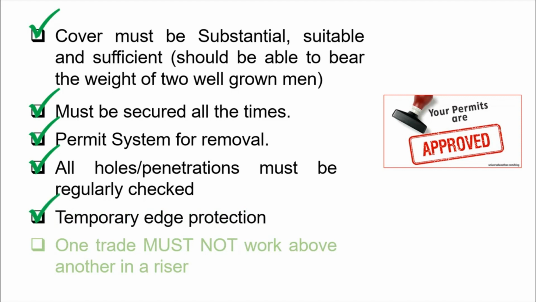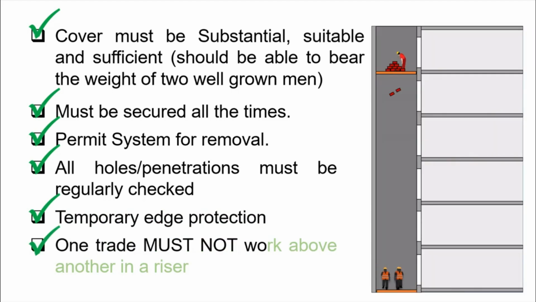Temporary edge protections must also be installed on the opening, and one trade must not work above another in a riser. So inside the shaft and also inside the risers, no work above or below. Only one trade can work at one elevation, because we don't know, maybe a falling object will fall down during the course of work on the riser, so someone below will be hit if they are working on the top.